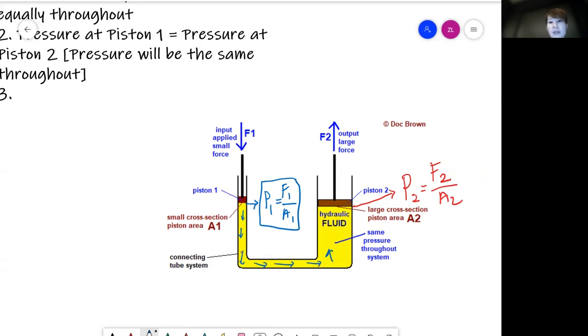Because they're packed close together, they have no choice but to be displaced from the original position, and they push against each other, and finally it reaches piston 2, and that is how the pressure here applies a force upwards, and that is how we get F2. Okay, so the pressure at 1 will be equal to the pressure at 2. P1 will be equal to P2.